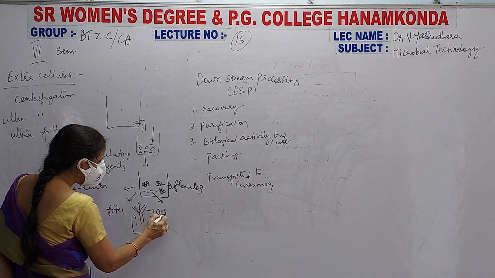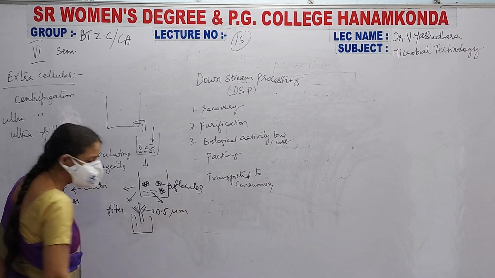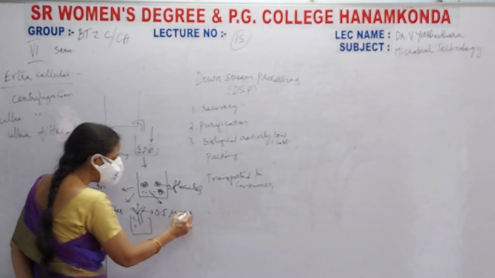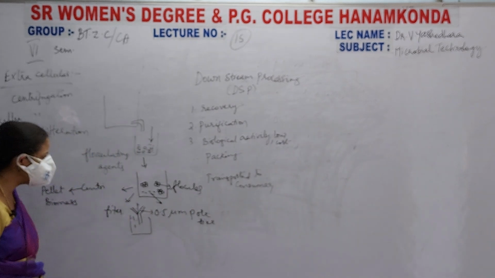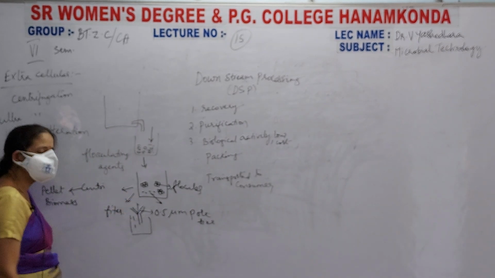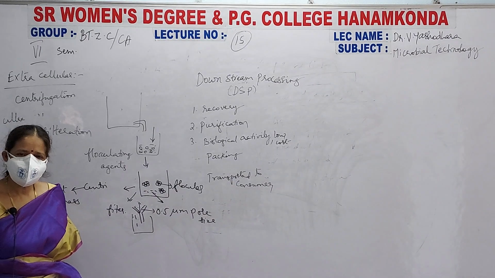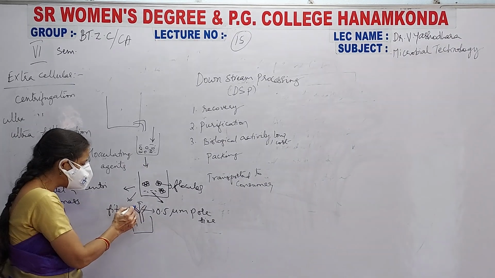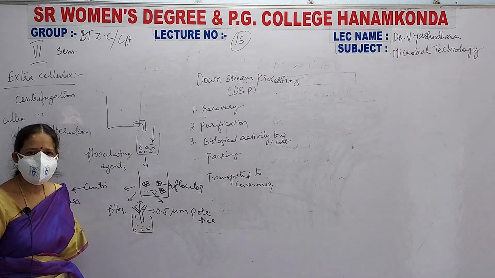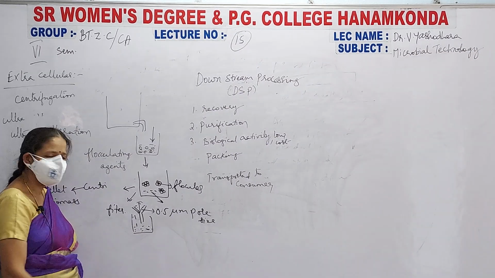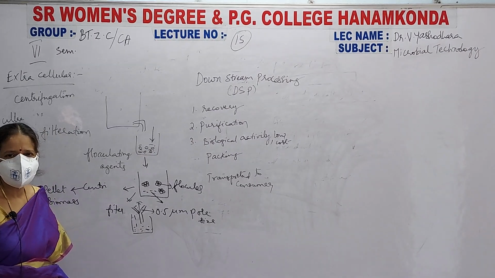Its size will be 0.5 micrometers pore size, and when the pore size is 0.5 micrometers, the microorganisms which are above 0.5 micrometers are collected in the sieve, and the rest of the medium, the filtrate, is collected at the bottom vessel.